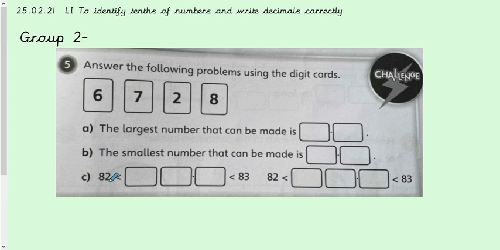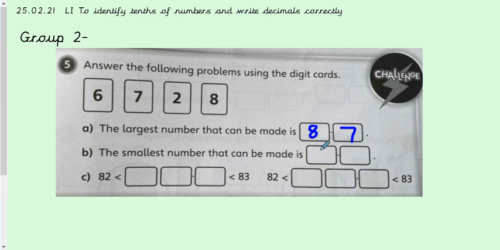The third question, for group 2, it says answer the following problems using the digit cards. The largest number that can be made is 8.7 because you use the largest one first in the ones column and then the second largest one in the tenths column.